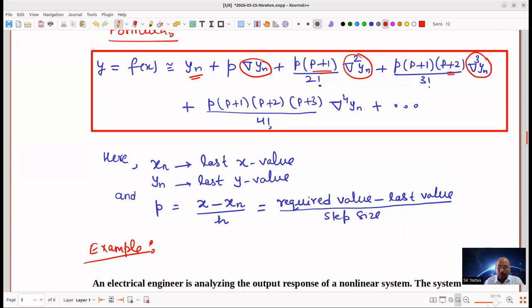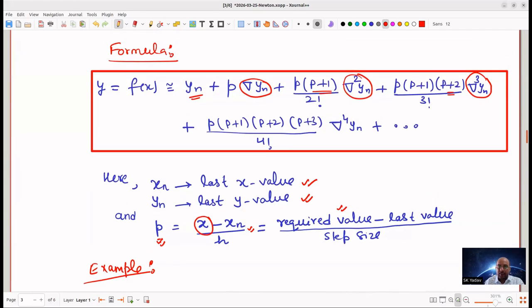And if you see, xn means the last x value, yn means the last y value, and p is defined as x minus xn divided by step size, because we use backward when the required value is near the end of the data points. So we are taking the difference of the required value minus the last value, so that p is smaller, and it will save time in computation. Okay, so this is about Newton's backward formula.